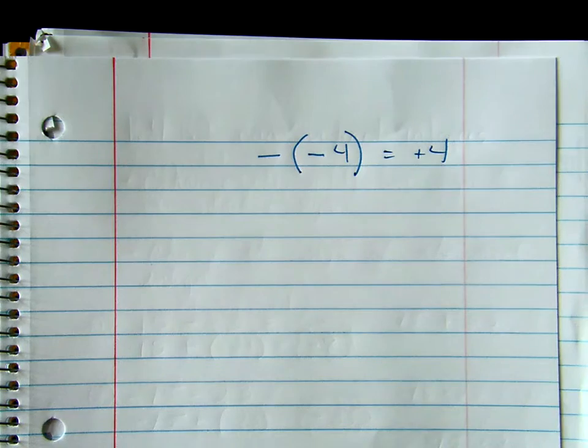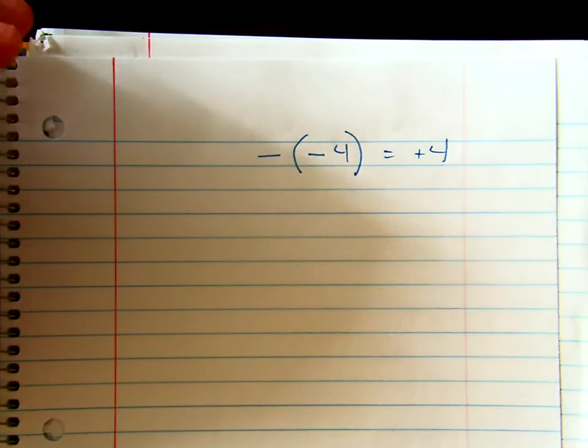If you turn in $4 worth of cans, the store owes you $4, so you get positive 4, and the store's losing.